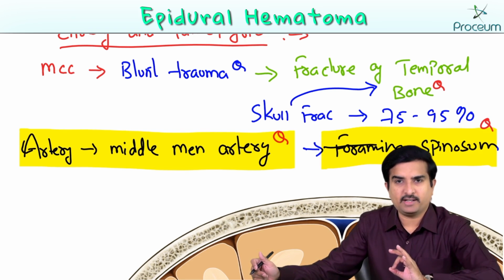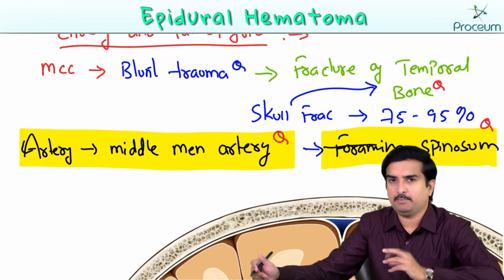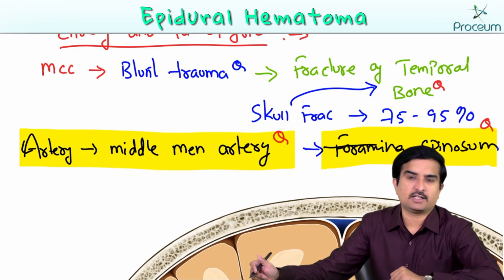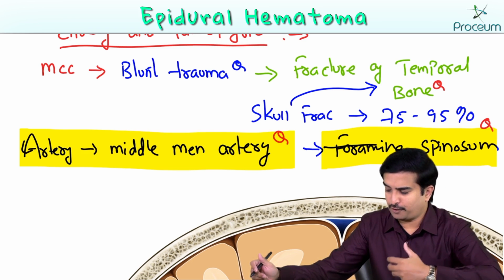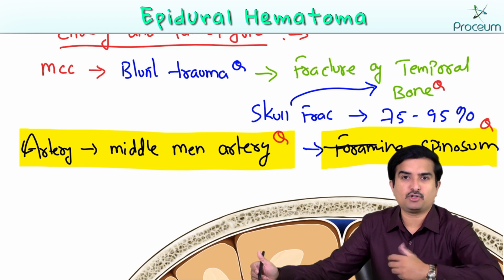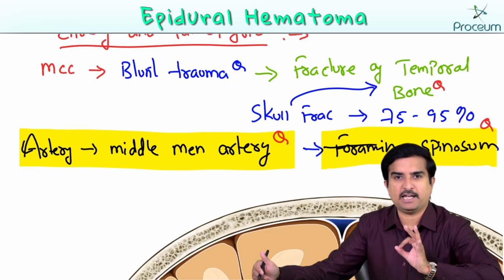So what are the points we have discussed till now? The most common cause is blunt trauma, mainly because of assaults or anything. Due to this, there will be a fracture of the temporal bone. Because of the fracture of the temporal bone, there will be a rupture of the middle meningeal artery, and as the anatomical link, the middle meningeal artery passes through the foramen spinosum.